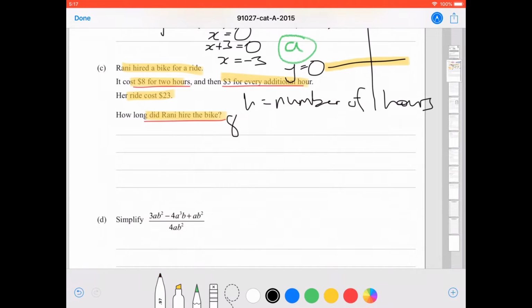Okay, and then it says $3 for every additional hour. So let's say 8 plus 3h, but it's not just 3h, it's going to be 3h minus 2. And where does this come from?